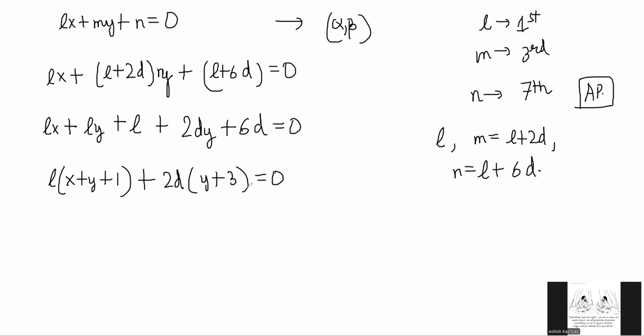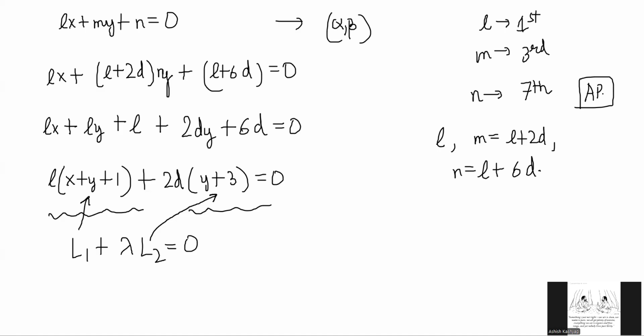So now think about it. This is an equation of the form L1 plus lambda L2 equals 0. L1 is the line x plus y plus 1, L2 is the line y plus 3 equals 0.